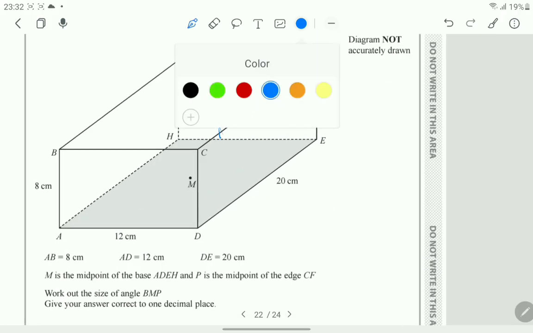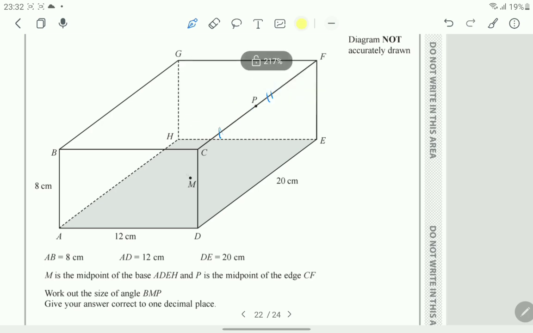So try to visualize this with me. This question actually requires a lot of triangles, trigonometry, and your knowledge about geometry basically. So the angle we are trying to find is this. This is an imaginary angle joining BMP.